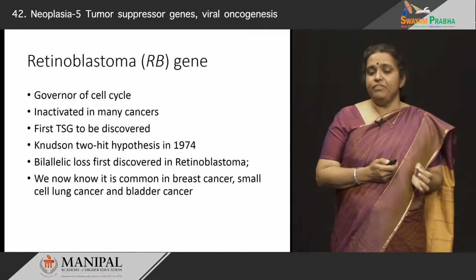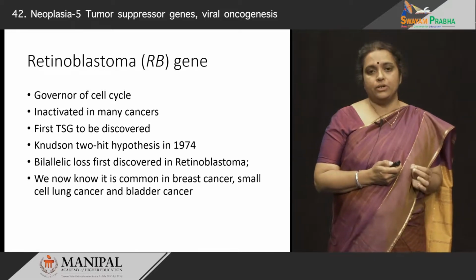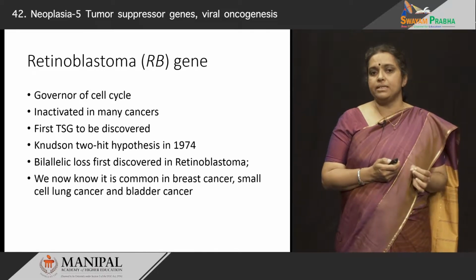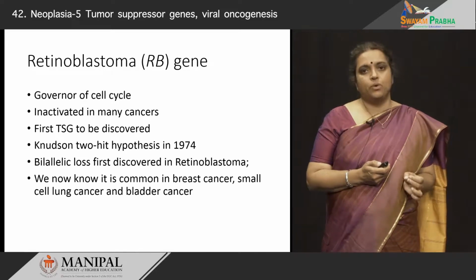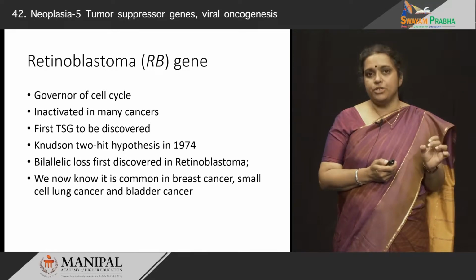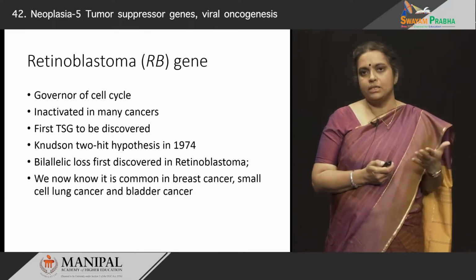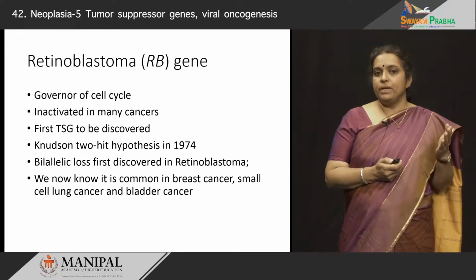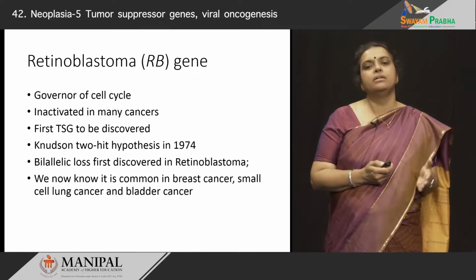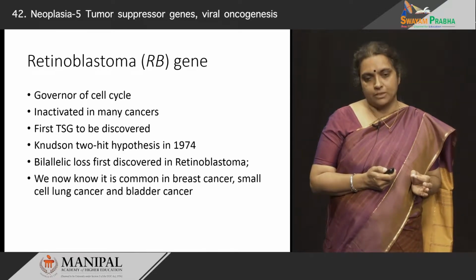Now, there is this very famous two-hit hypothesis by a scientist called Knudson, who proposed this in 1974. What he said was, as you know, any gene has two copies, or two alleles. When both these normal retinoblastoma alleles are mutated, the disease develops, which is known as the two-hit hypothesis.